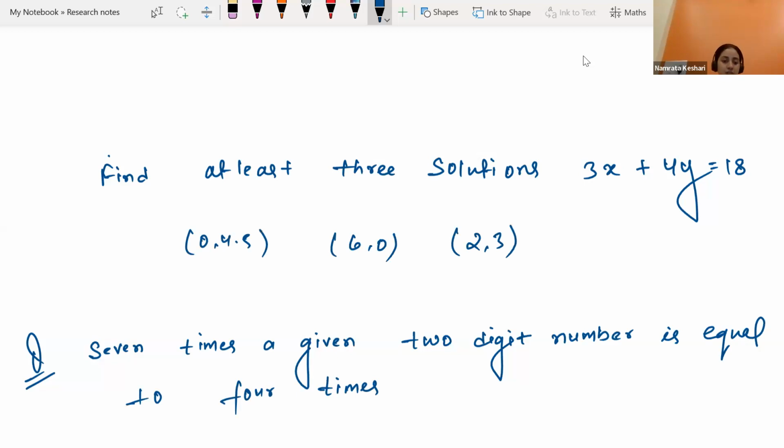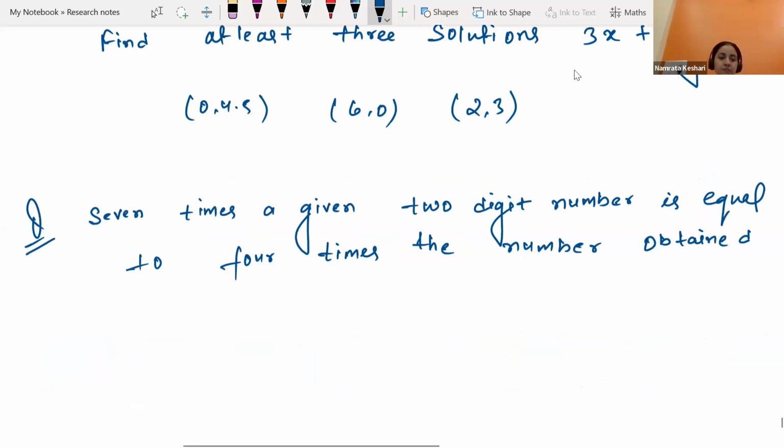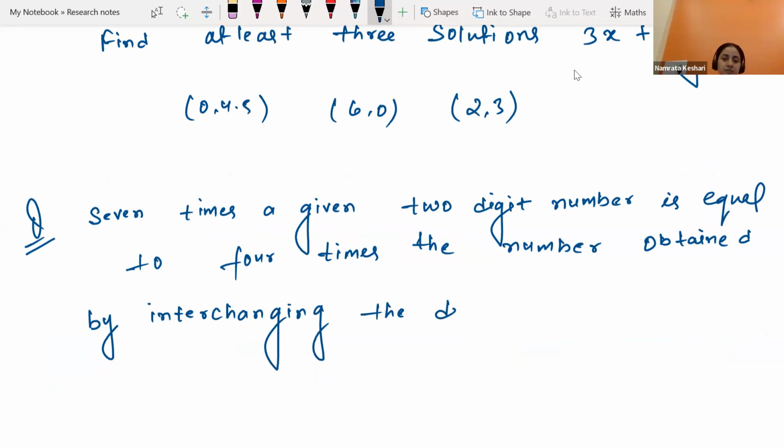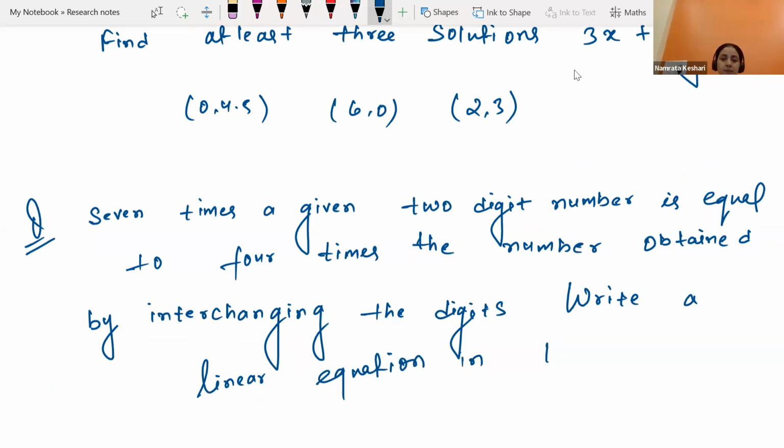Ma'am, can the point be non-terminating, sorry, terminating? Yes, it can.